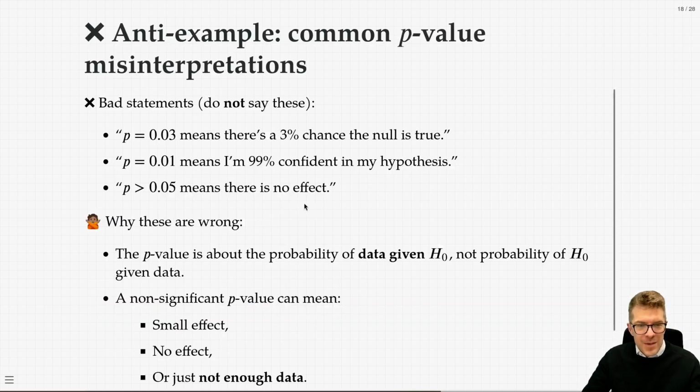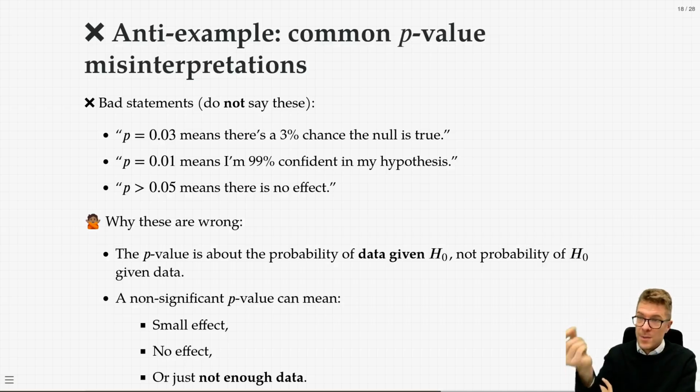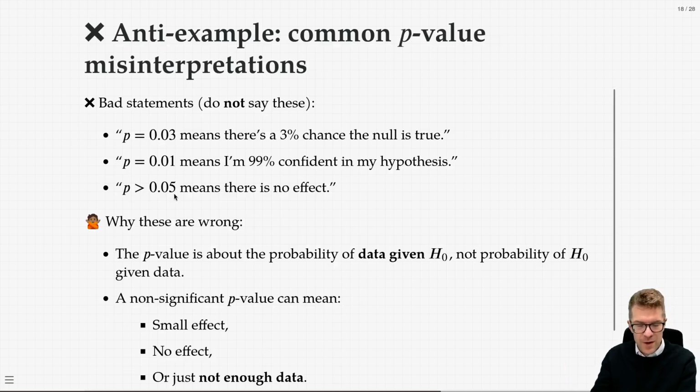So that doesn't mean that there's no effect. It doesn't mean that just because you haven't found an observation that is very, very rare, that you've disproved something, you cannot claim anything. Just because this observation has a big p-value and it doesn't look particularly weird, right, so the probability of observing it is not very, very small, it doesn't mean that you've confirmed your null hypothesis.